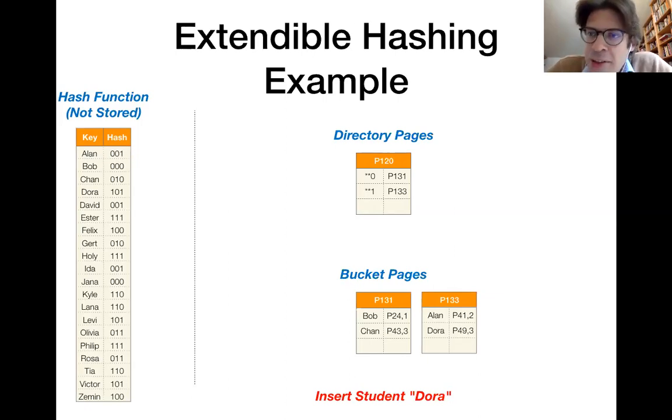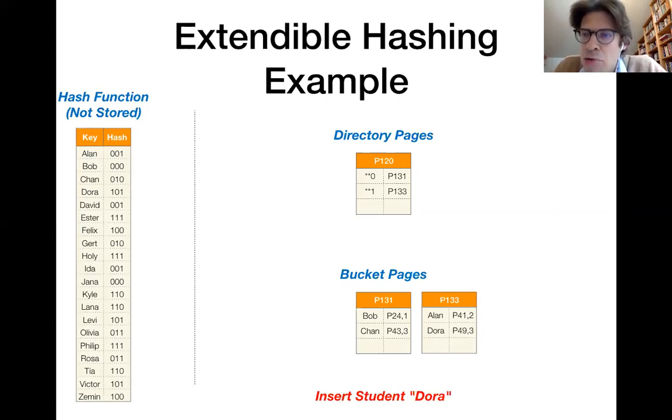So we somehow have to associate them with non-overlapping value ranges of the hash function. So here we say that page number 131 is associated with all entries whose hash value ends with a 0, and page 133 is associated with all entries whose hash value ends with a 1. And here on those pages 131 and 133, I have distributed the entries accordingly.